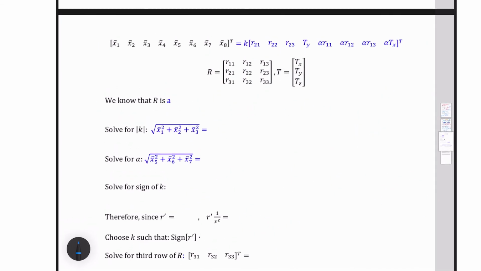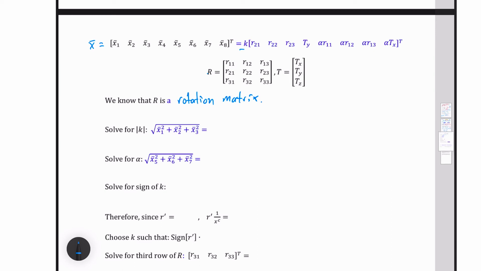So here's our solution: this x bar is equal to this constant times all the parameters we really care about. How do we get those parameters? Well, we can take advantage of the things that we know. We know that this R is a rotation matrix. That means a lot of interesting things.